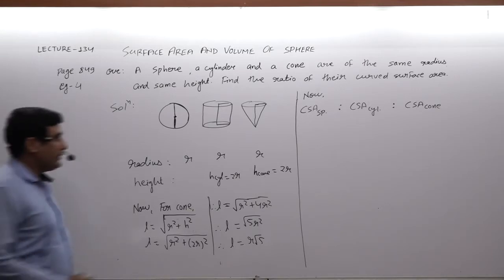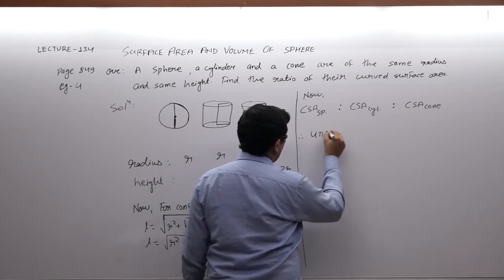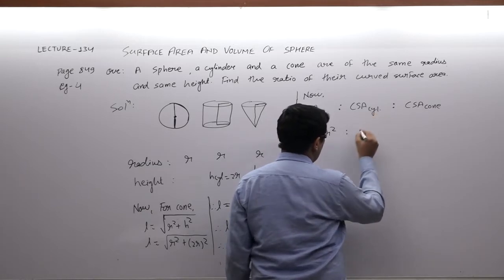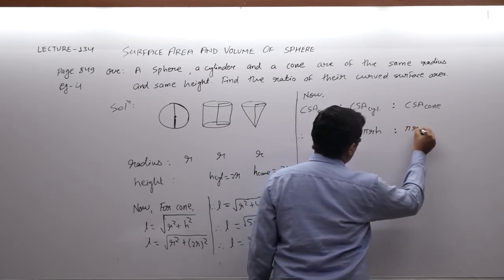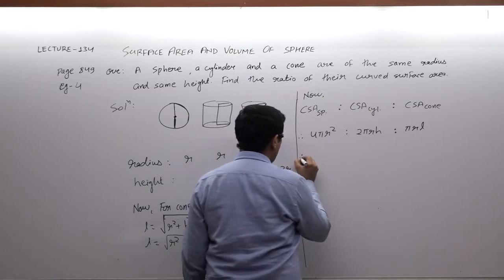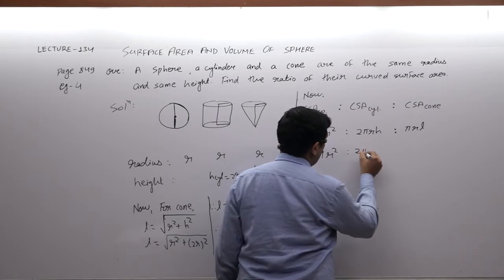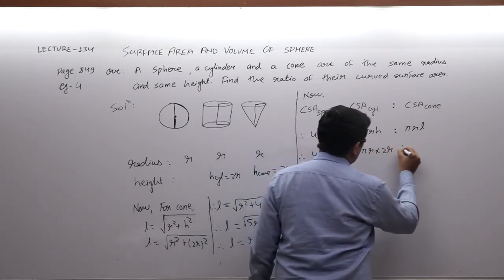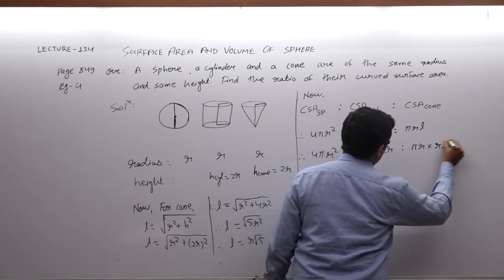So now first I will put the formula, that is 4 pi r square is to, CSA of cylinder is 2 pi r h, is 2 pi r l. However, pi r I can cancel here only, but first I will put the value of l and then I will see what common we can cancel. r as it is. Now h is 2r, is to 2 pi r into r root 5.